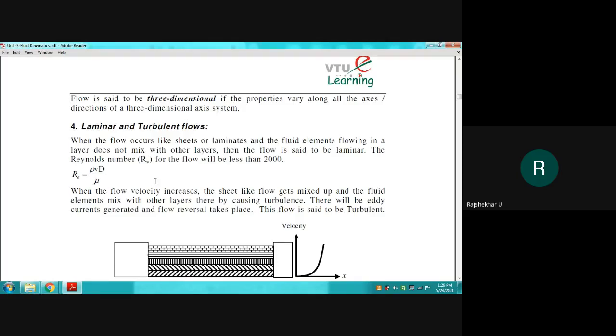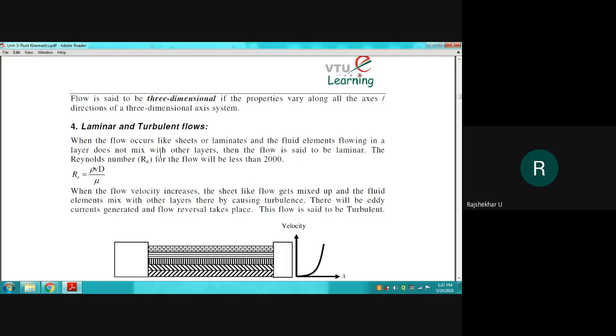If the Reynolds number is less than 2000, when we are considering a pipe flow, pipe flow means what? In our home, the water from the tank comes to the tap when you open the tap. That is a pipe flow. Water can also flow on some surface, which is another case.